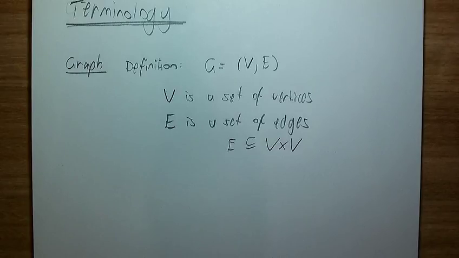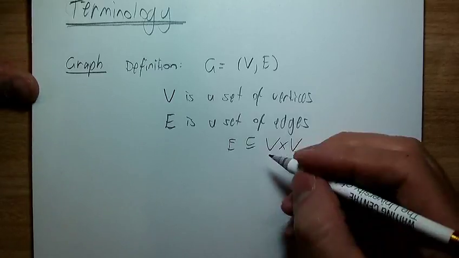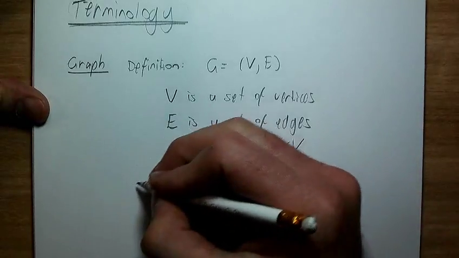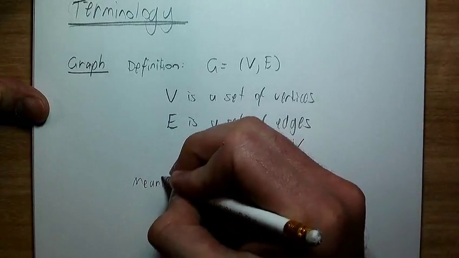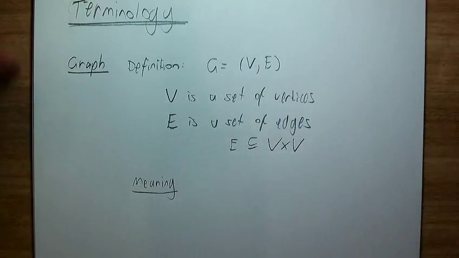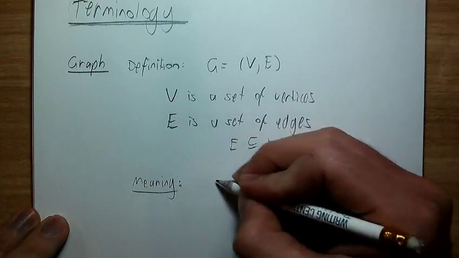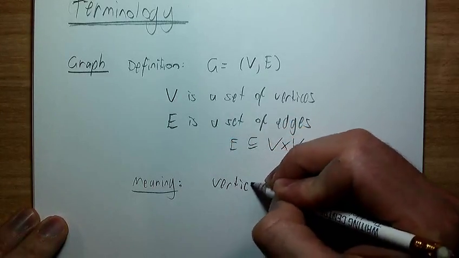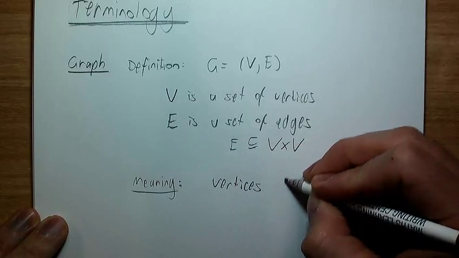Being a subset of V cross V means that an edge is technically, in the terms of the mathematician's definition, basically a list of the beginning and the end of that edge. So we have vertices, which we imagine as points.